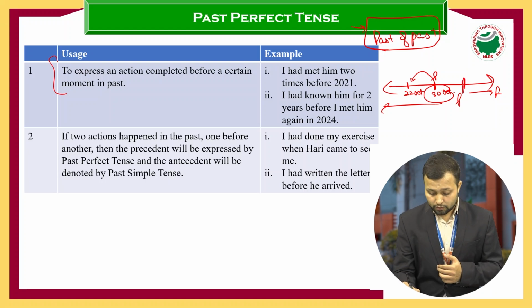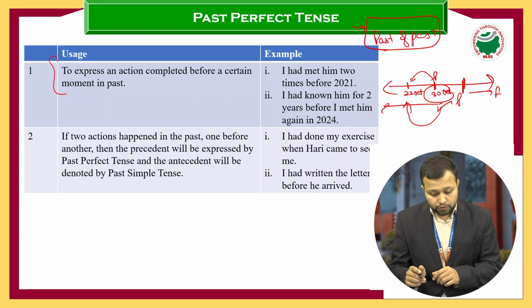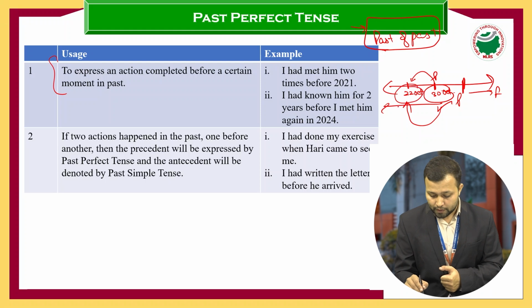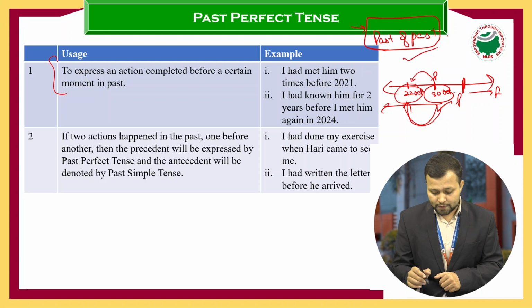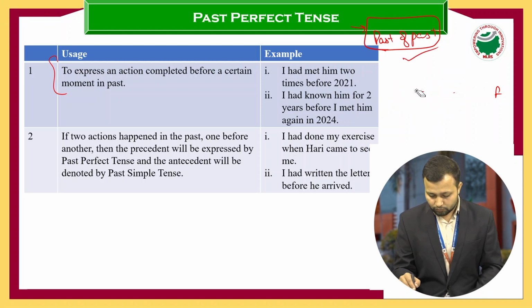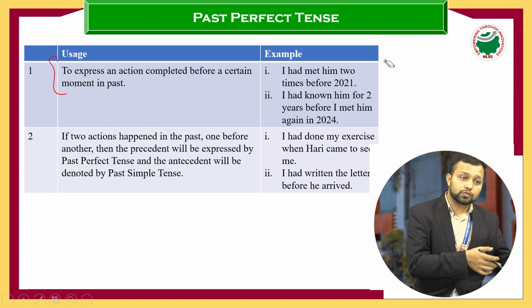For us, today's date, 30th October is past, and for 30th October, 22 October was past. So 22 October is past of 30th October. That is past for us right now. So this tense is also known as past of past. It means when something happened in past, before that point of time, some other thing also happened.